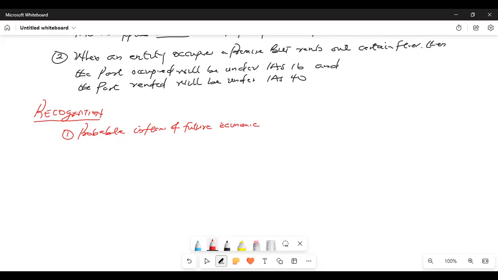So a probable inflow of future economic benefit from the asset to the entity. Then the second one is, as usual, reliable measurement of cost. So if you can reliably measure the cost, then it means that you are good to go.